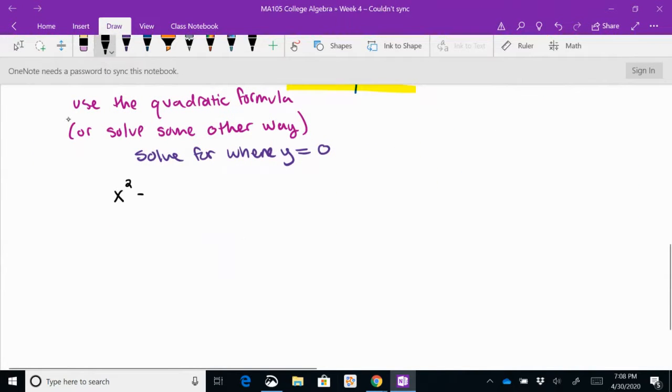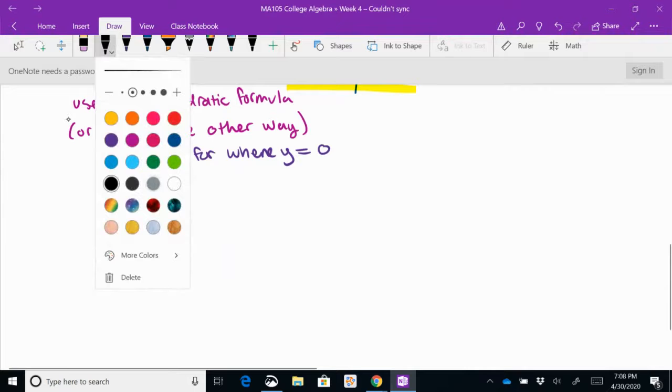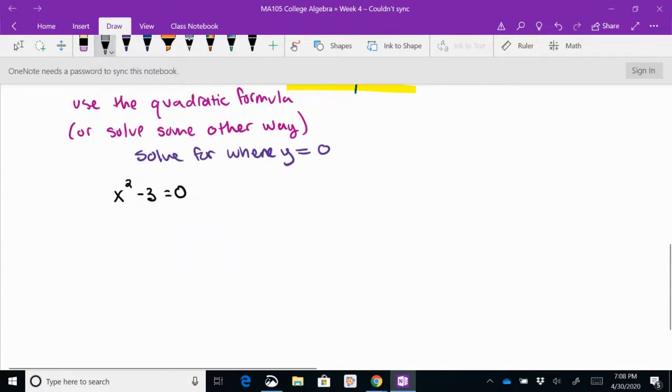So we have x squared minus 3. We want to know where is this equal to 0. In this case, this is something that we can solve by taking square roots, because we don't have an x term. So we would be doing that by adding 3 to both sides.